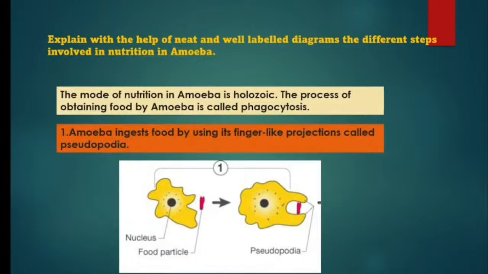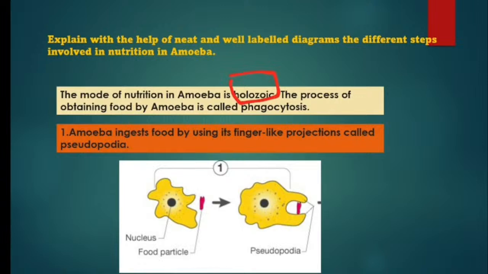Explain with the help of a neat and well labeled diagram the different steps involved in the nutrition of amoeba. As you all know, amoeba takes in food with the help of the holozoic mode of nutrition.